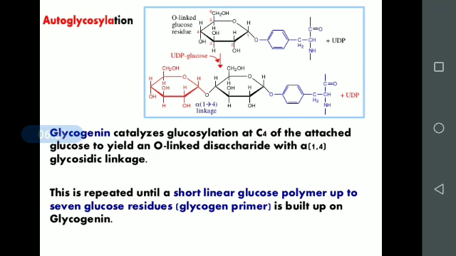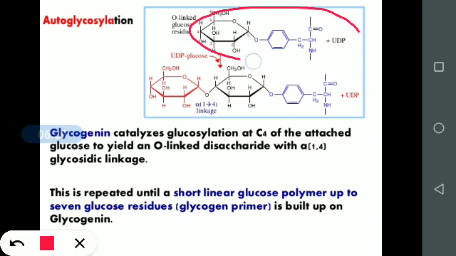The next step is autoglycosylation, that means the next glucose molecules will come and attach to the primer. This glucose on glycogenin is now the primer.